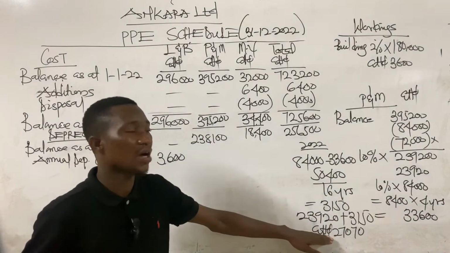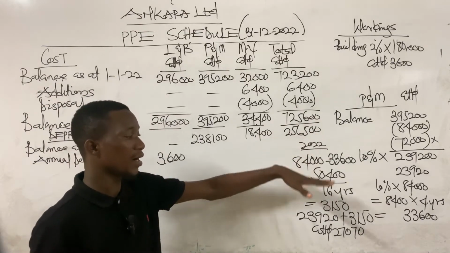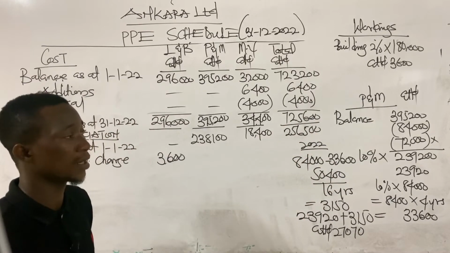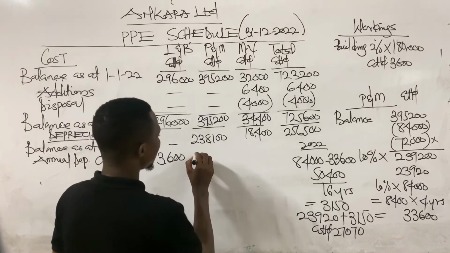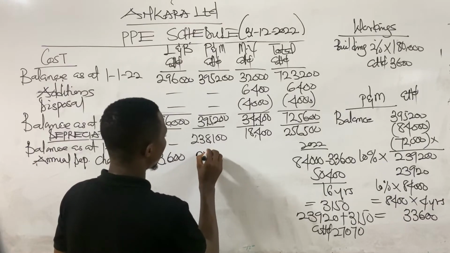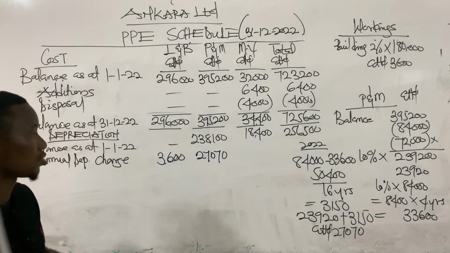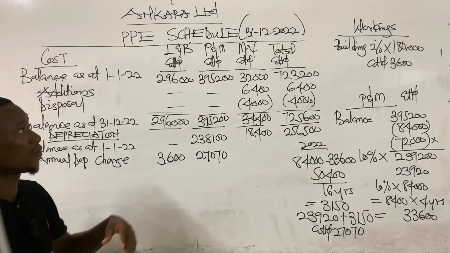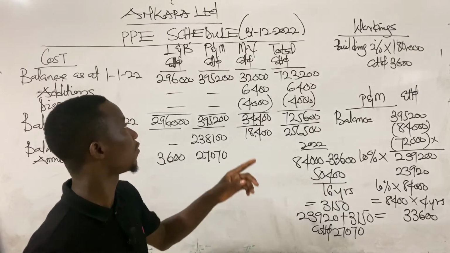So this will become the annual depreciation charge for plant and machinery. So you can go over and see how this calculation is being done. It is a bit tricky. So we can write the annual depreciation charge as 27,070.